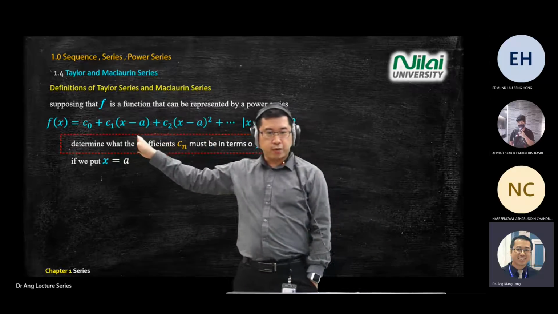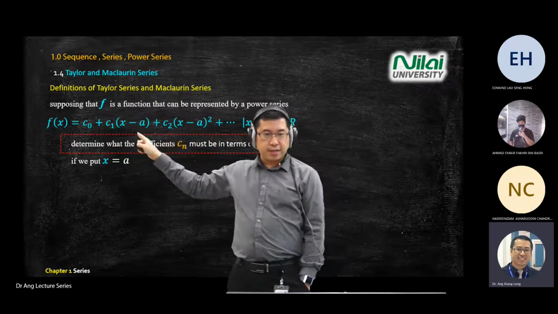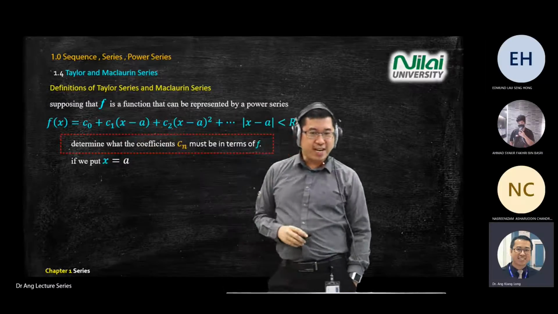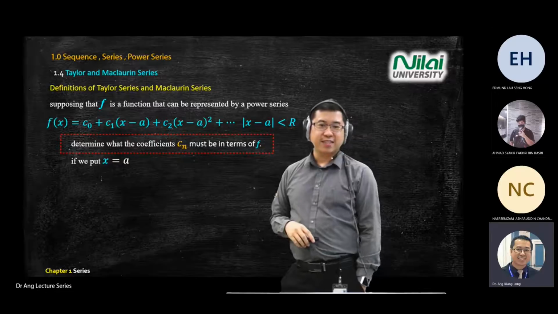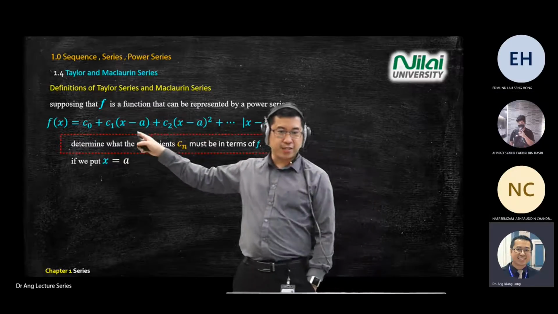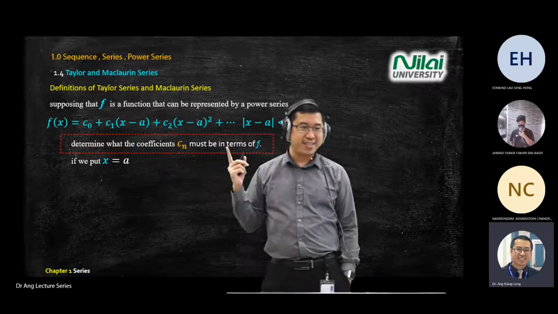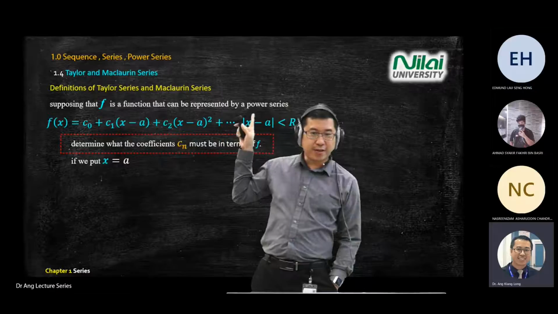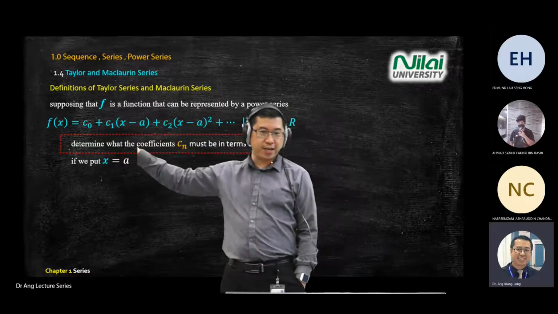Now back to our equation here. Shakir, just now C0 you say is 1, right? And then you plus, because you're doing a power series, you add all the numbers together.